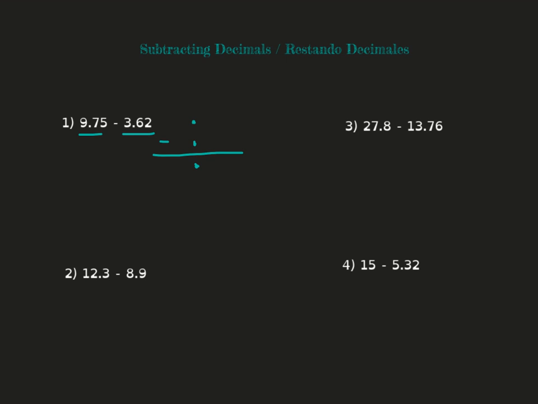So in the first one, I'm going to take this first number and place it in. So I have 9 and 75 hundredths minus 3 and 62 hundredths. Okay, now that I've set it up and made sure my decimals are lined up, I can start with my subtraction.